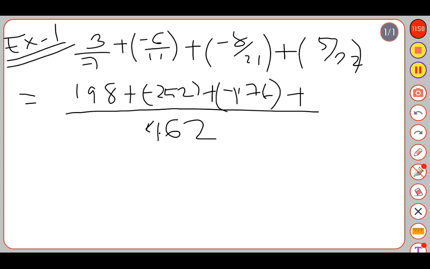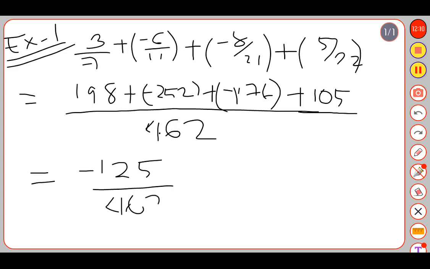Again we will divide 462 by 22 and we will get 21. So 21 into 5, we will get 105. So after solving this, we will get minus 125/462. So here it becomes so lengthy.